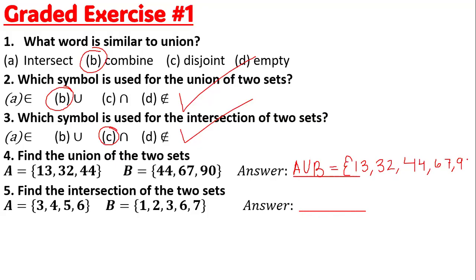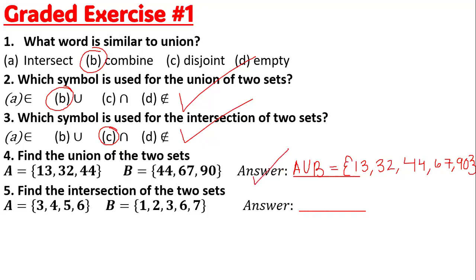Very good. So we have 13, 32, 44, 67, and 90.